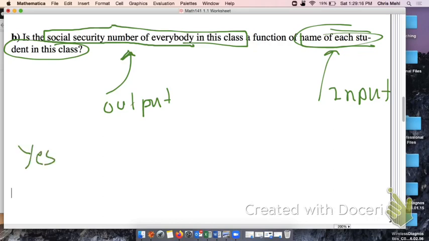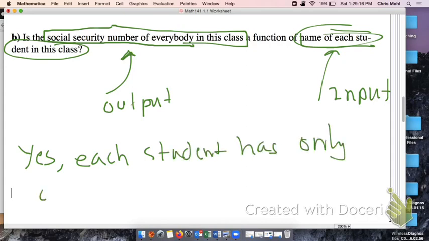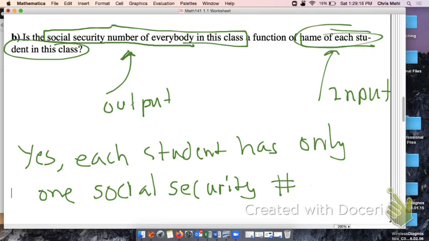So yes, this is going to be a function since each student has only one social security number. Each student, which is each element of the set of inputs, only has one social security number. Each input gets assigned only one output. This relationship is a function.